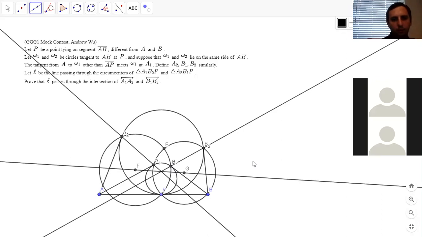I feel like whenever there's a concurrency, isn't there always a way to use Desargues? I just don't see it here.